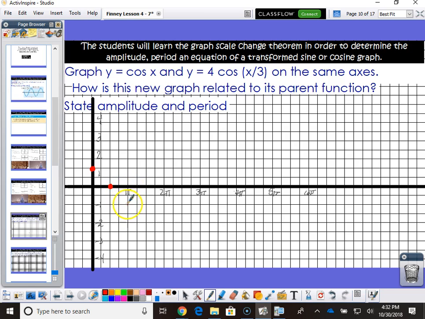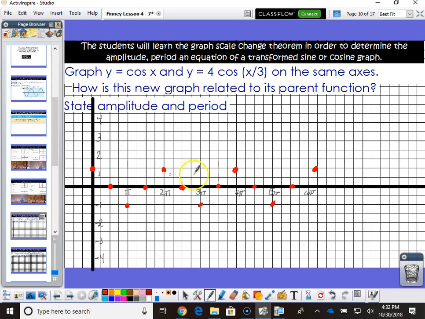And at pi, boom. And we know it just keeps repeating that over and over again, so that I've got my cosine curve.